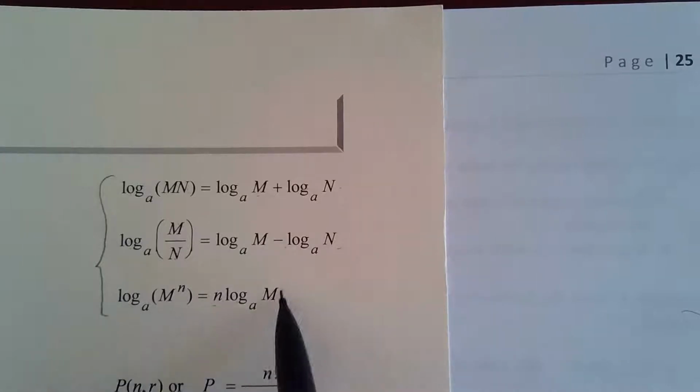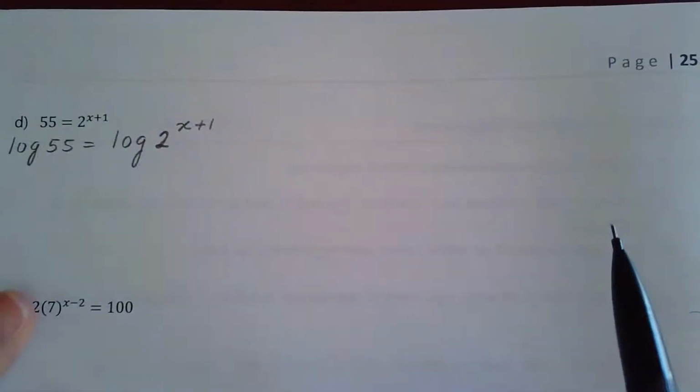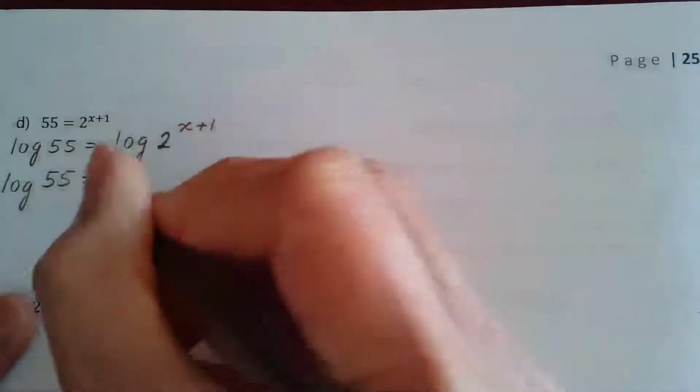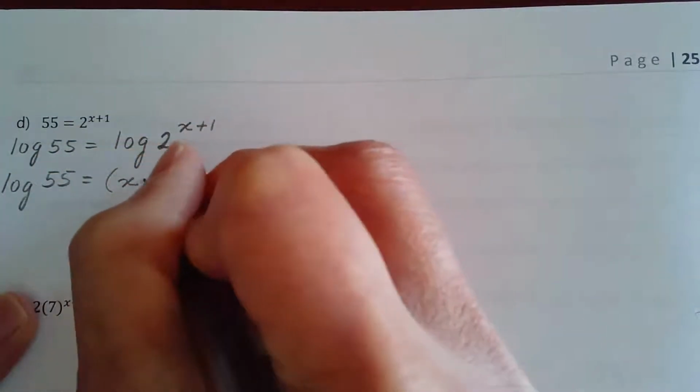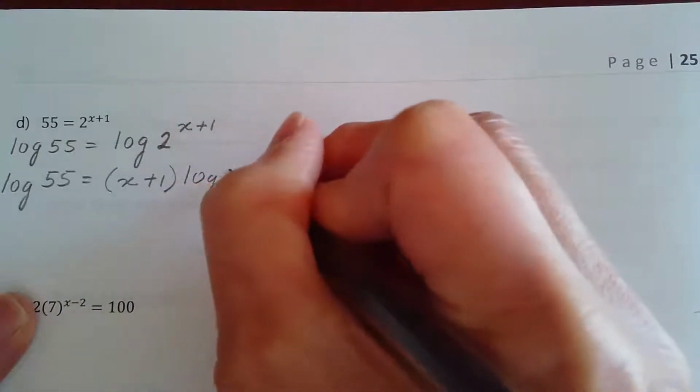So this is the one that we're going to use right away. So this exponent will be at the front. You can rewrite that. So log of 55 equals x plus 1 times log of 2.